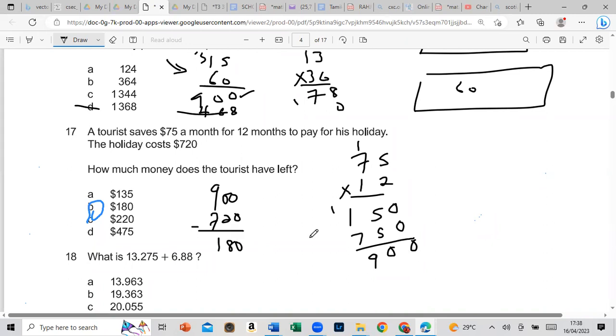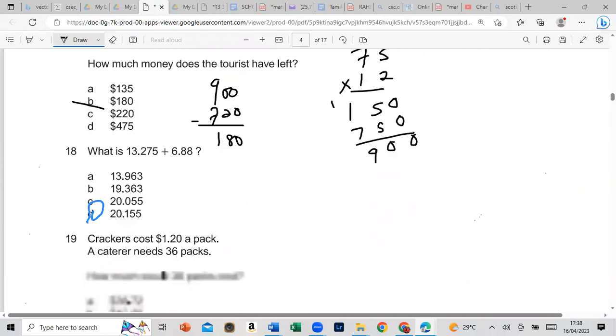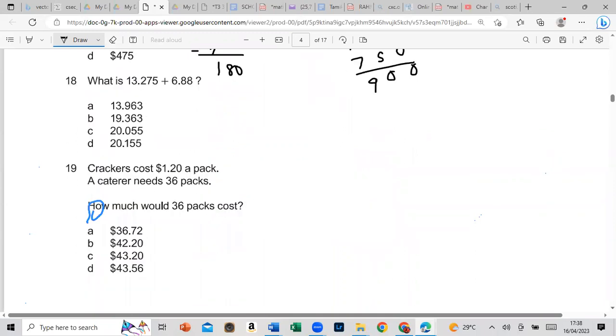All right, what about 18? What is 13.275 plus 6.88? Work out that one, guys.